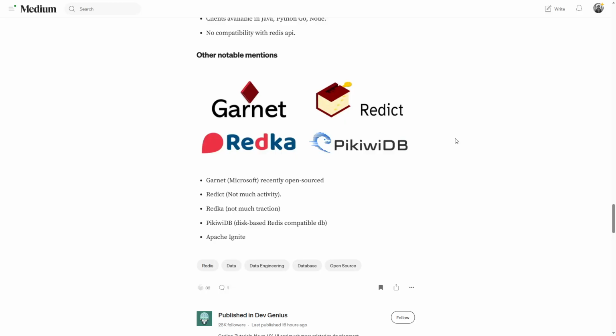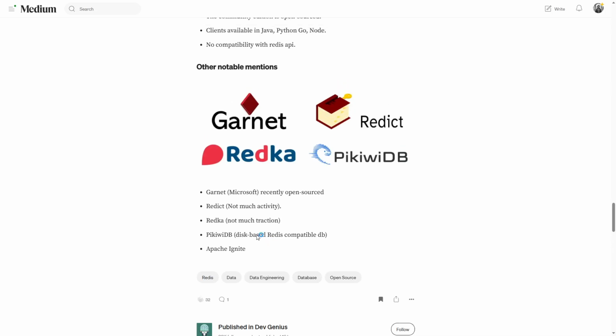There are some other options as well, like Garnet, Redict, Redka, and PKVDB. PKVDB, for example, is a disk-based Redis compatible database. Instead of using everything in memory, it uses disk. So if you have scale requirements with slightly less latency sensitive applications, PKVDB can be a good option.